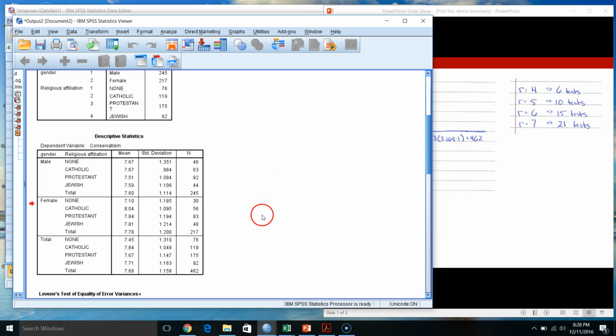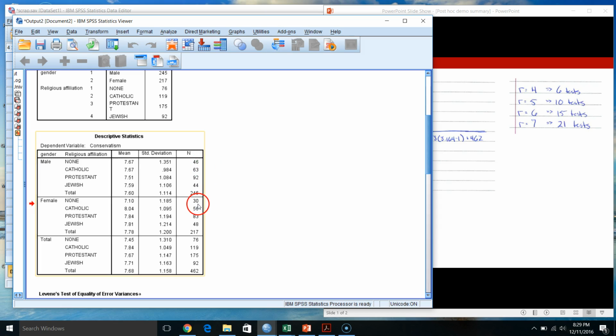So if we take a look at the comparisons that could be made, it looks like my smallest cells are for participants not reporting a religious affiliation. If I compare the men and the women, that's going to be a total sample, just looking at those groups, of 76. That's going to give me 74 degrees of freedom within that specific contrast.